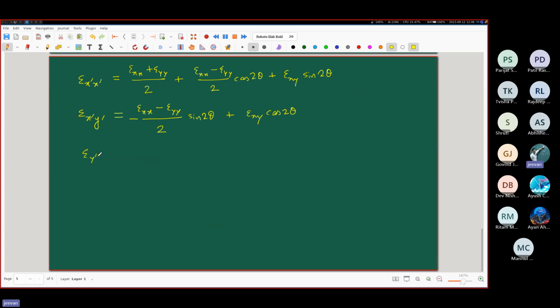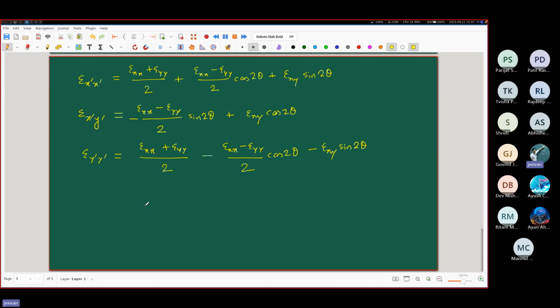And finally, for epsilon y dash y dash, just like before, we have epsilon xx plus epsilon yy by 2 minus epsilon xx minus epsilon yy by 2 cos 2 theta minus epsilon xy sine 2 theta. That's it. Okay, you can now solve some of the first few problems.